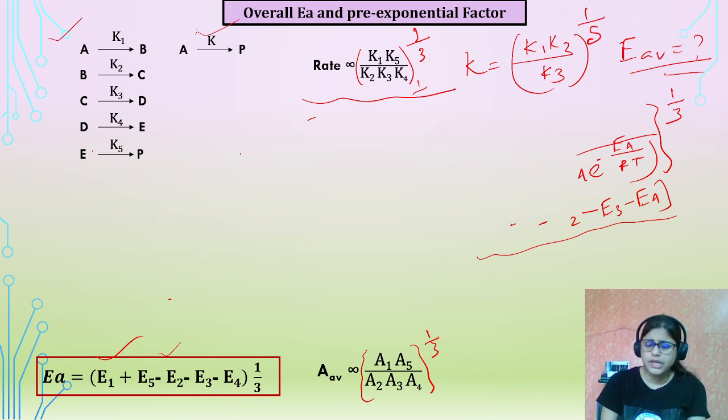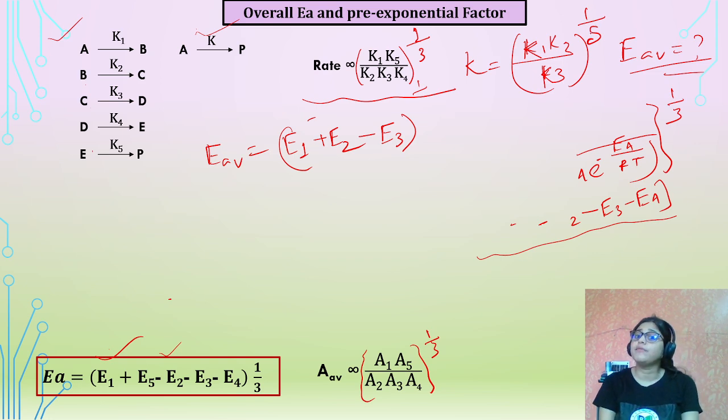No, you just write E average will be: K1 is there, so it will be E1. K2 is multiplied here, so it will be plus E2. K3 is divided, so minus E3. And the whole is to the power 1 by 5.